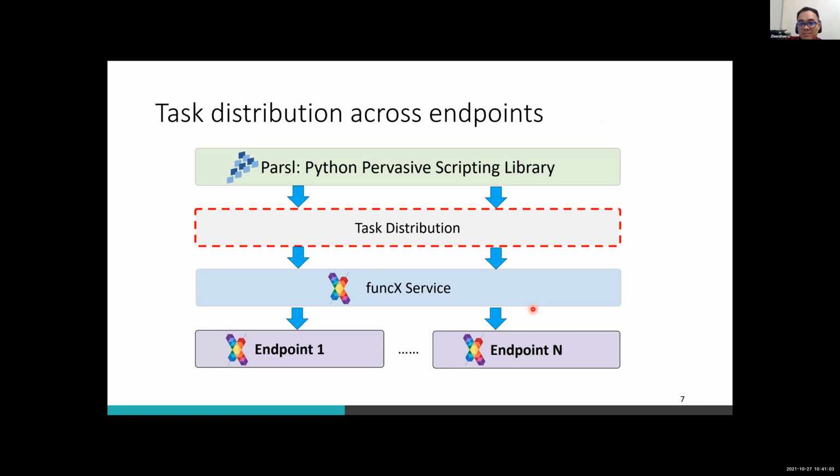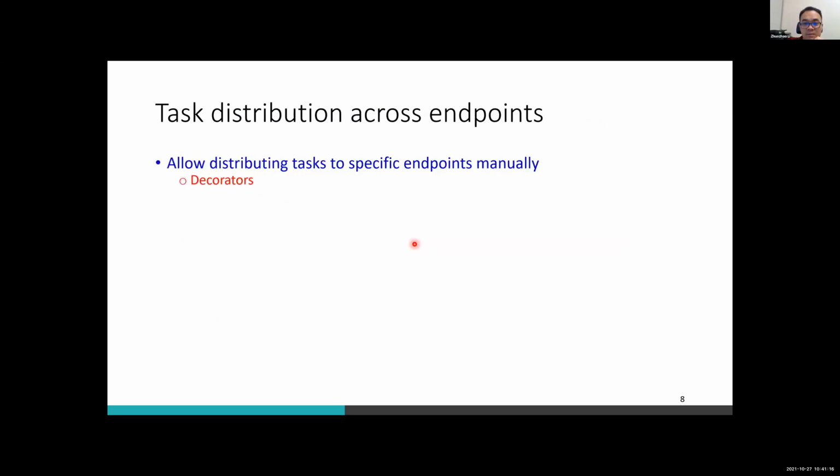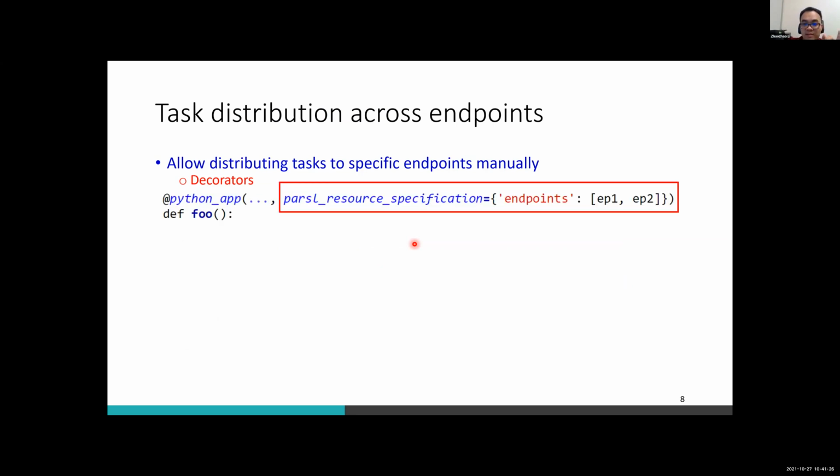However, there is still some ongoing work to make it more usable. The first thing we need to work on is adding a layer to transparently distribute tasks to specific endpoints. Currently, we allow task distribution to be set manually using two approaches. The first one is via the decorators in Parsl, which have a keyword argument called Parsl resource specification.